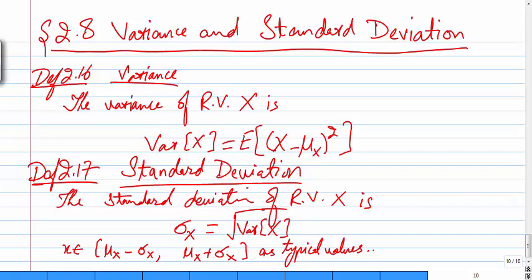The remaining values are called unusual values, if they are away by more than one standard deviation. So these are also measures that will help us analyze the random variable.